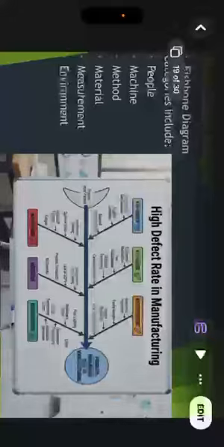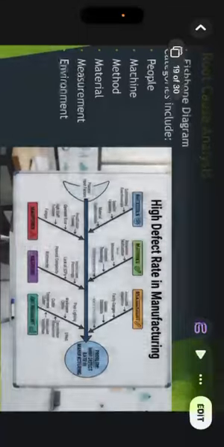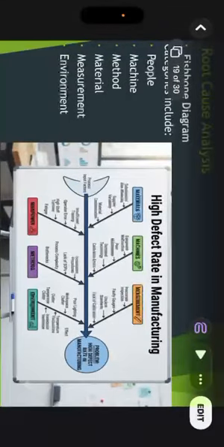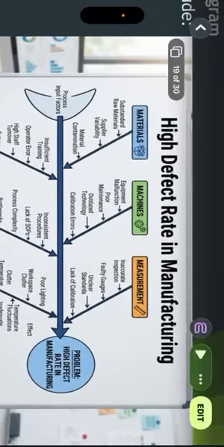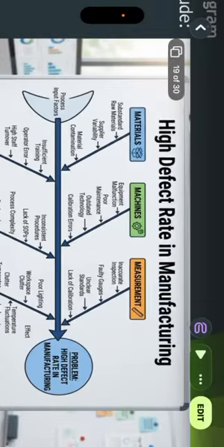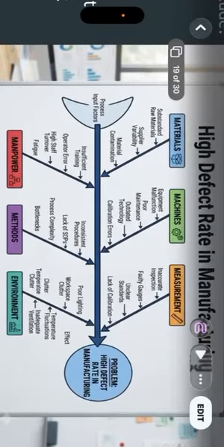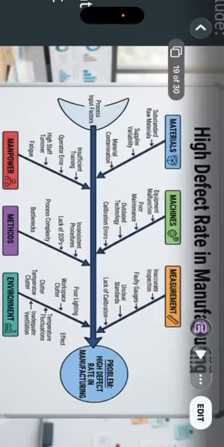So let's look at this diagram. This diagram is very helpful when it comes to root cause analysis. We call it the fishbone diagram that categorizes people, machine, materials, method, measurement, and environment. High defect rate in manufacturing. If you study it very well, you would see some of these things.